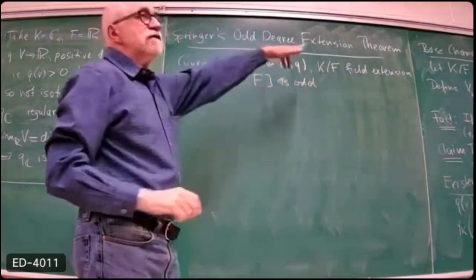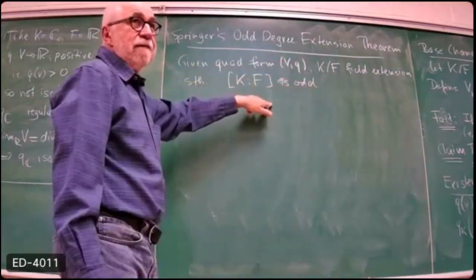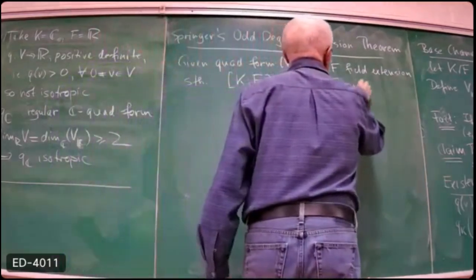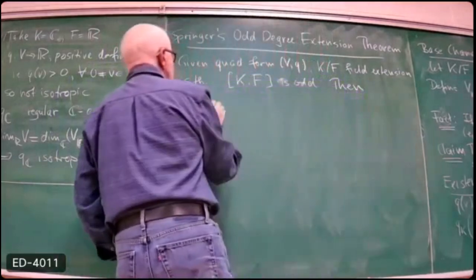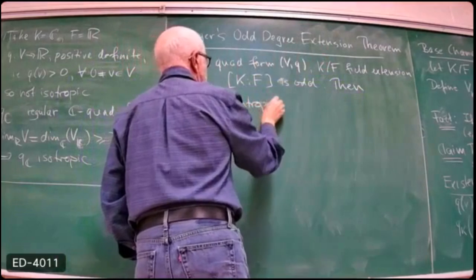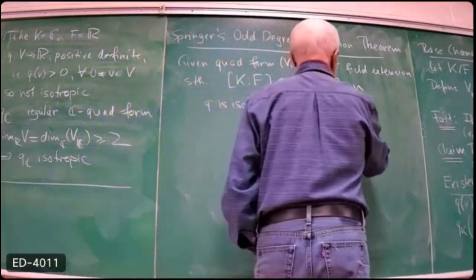So odd degree extension refers to this. Then Q is isotropic if and only if Q over K is isotropic.